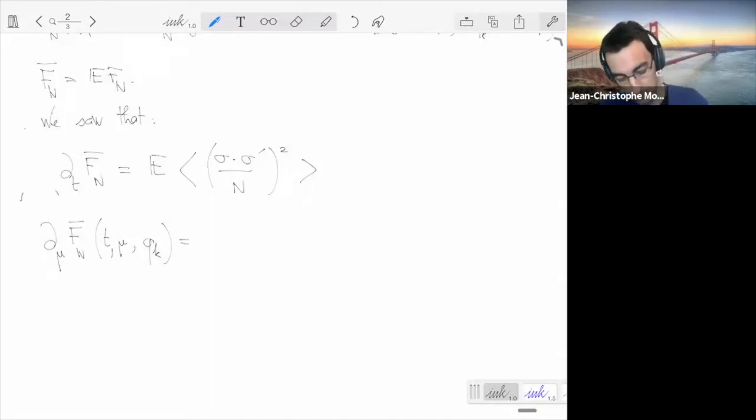And this we found is the conditional expectation of the sigma overlap given that the alpha overlap is equal to k.